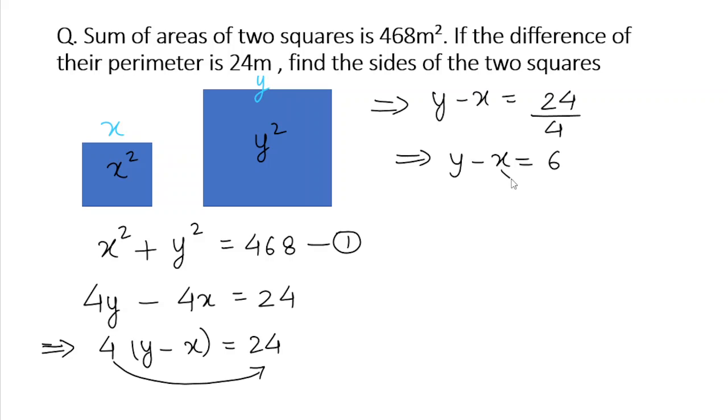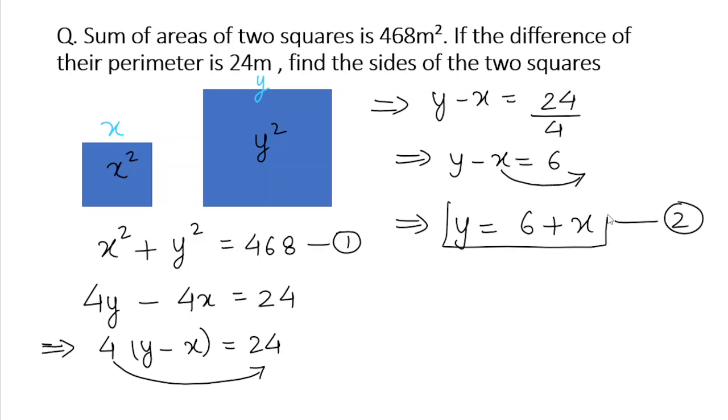Now we can take x to the other side and this becomes y is equal to 6 plus x. That's our second equation, in which we have written y in terms of x.